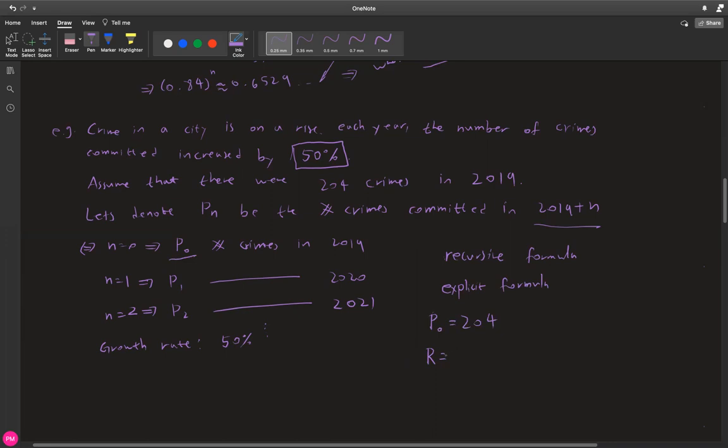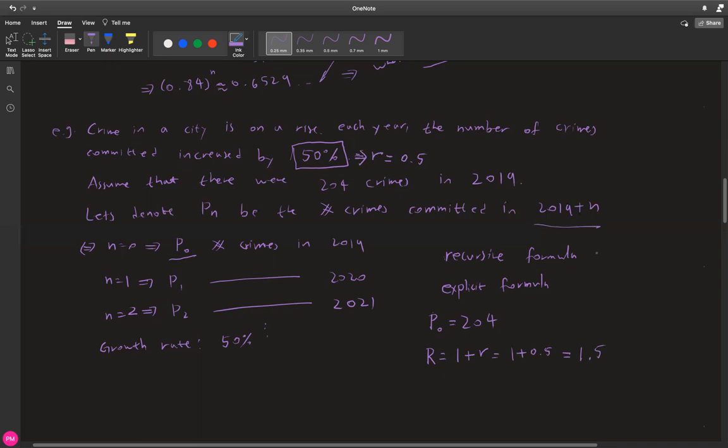Before, we defined the common ratio as simply 1 plus the growth rate. And we know that the growth rate here is 50%, which in decimal is 0.5. So plugging it in, the common ratio is 1.5.